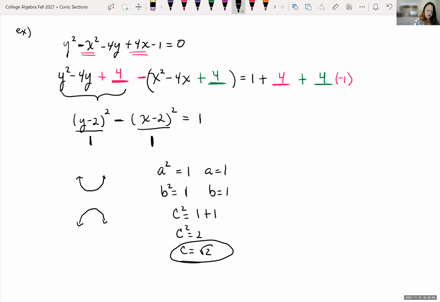Our center, (h, k), our center h is 2 and k is also 2. Okay, so graphing our center, (2, 2).